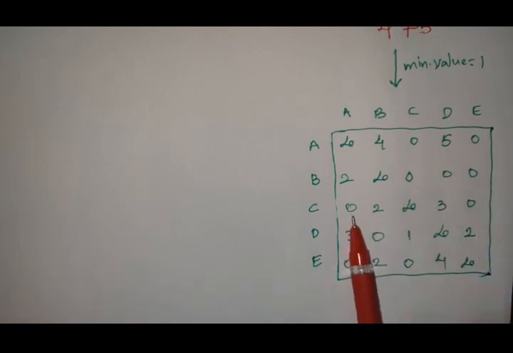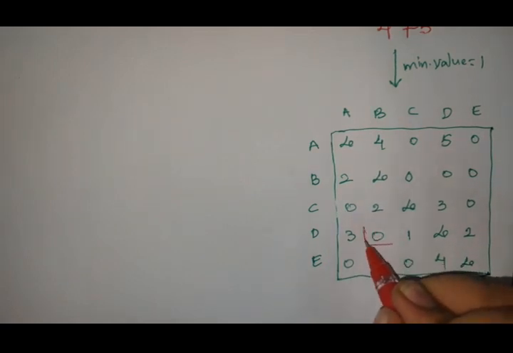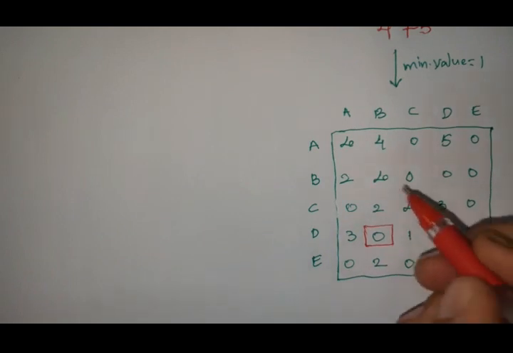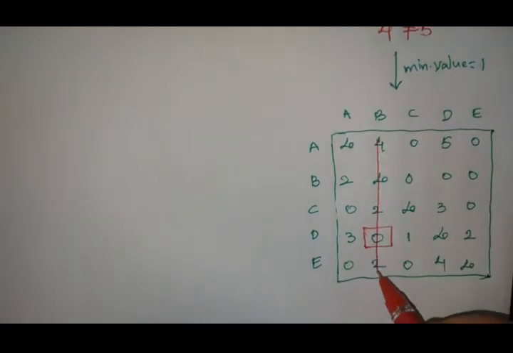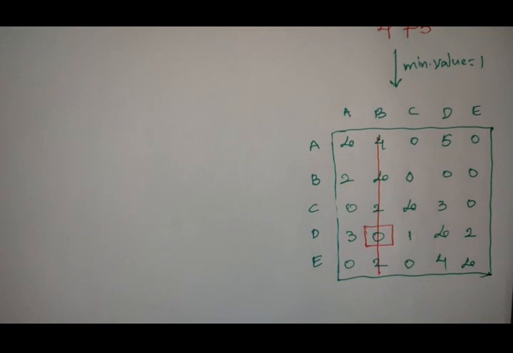Next, in the third row, how many zeros are there? 2 zeros, so skip that row. Next, in the fourth row, how many zeros are there? Single zero, so box that one and strike off that column. Next, in the fifth row, how many zeros are there? 2 zeros, so skip that row.